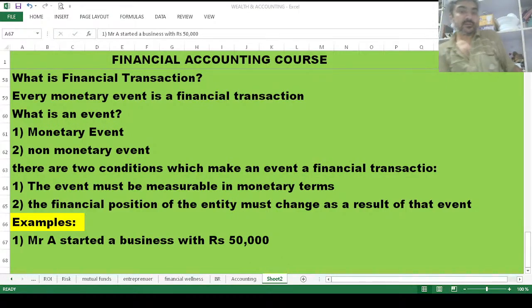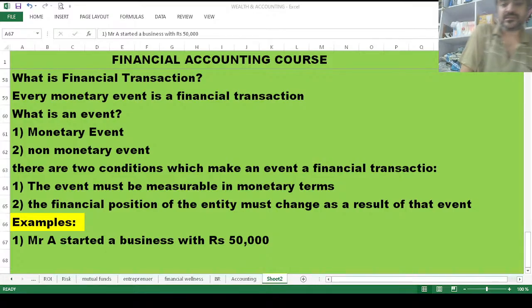Why? Because it changes the financial position of the business. Cash increases, cash is an asset and it increases by rupees 50,000, and owner's equity also increases by an equal amount.